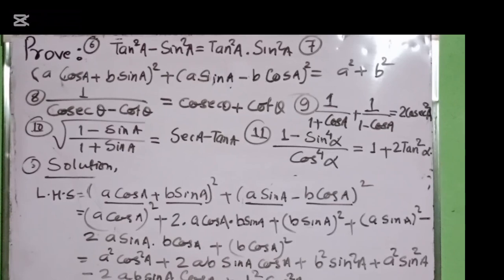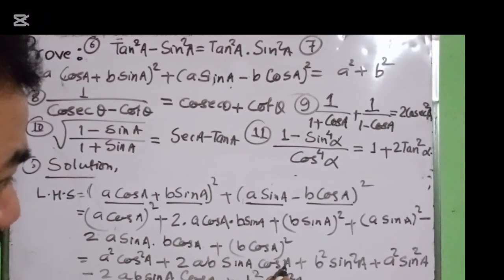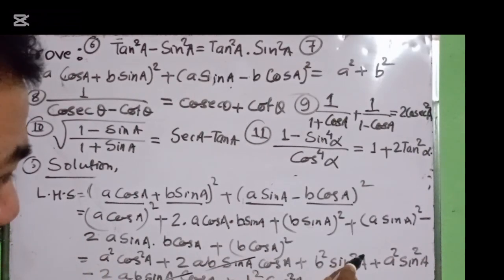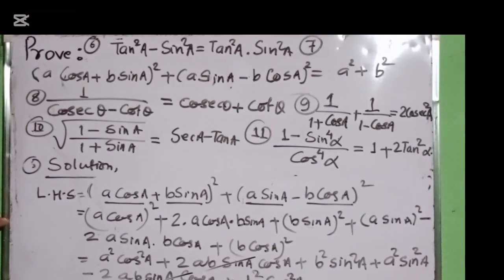Now check, is there any like term to cancel? Yes, here is plus 2ab sin a cos a, and here is minus 2ab sin a cos a. We can cancel it. After that, here is a square cos square a and b square cos square a, so we can take cos square a common.